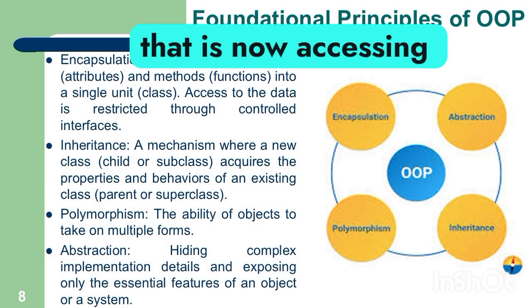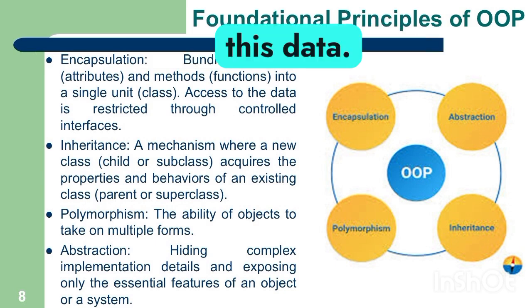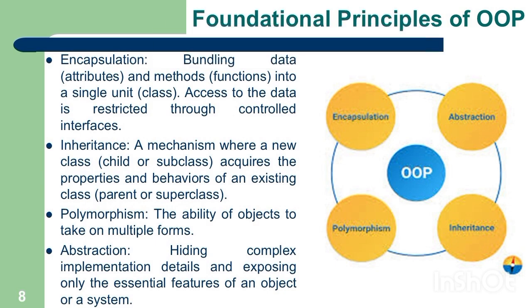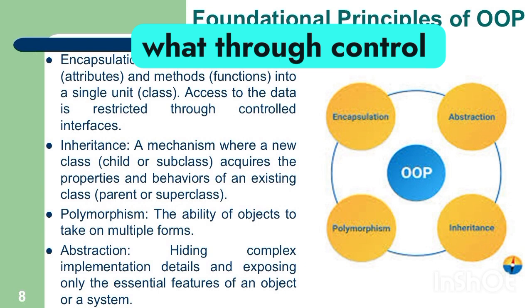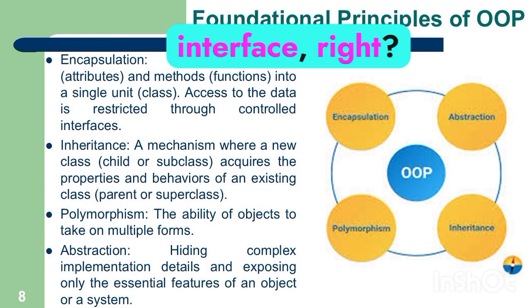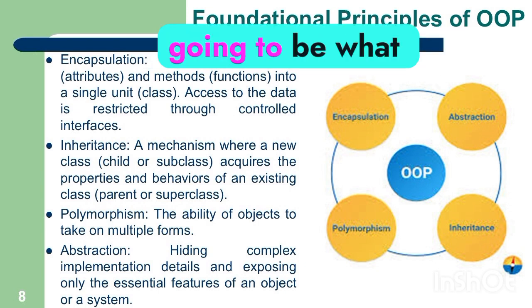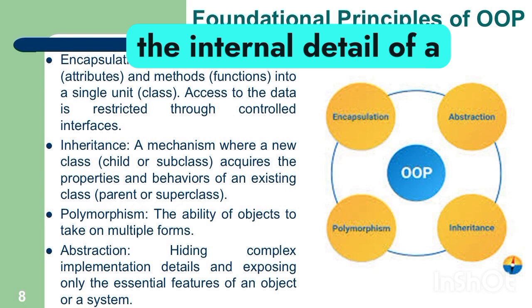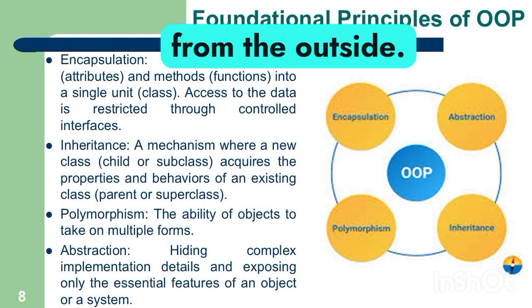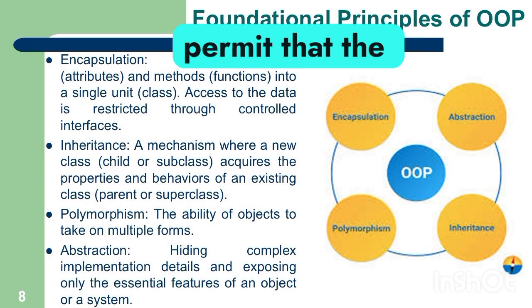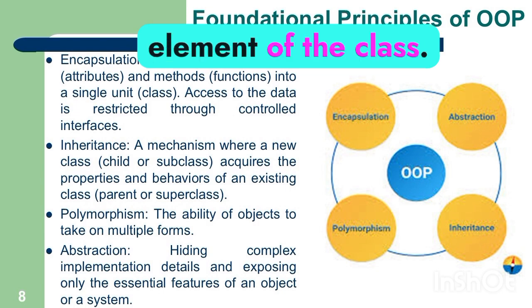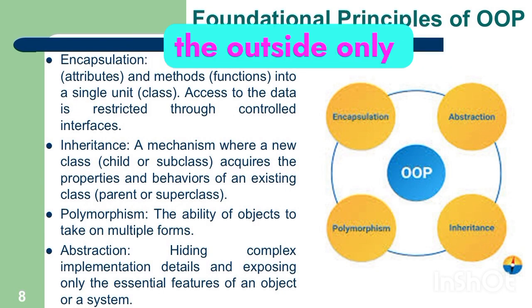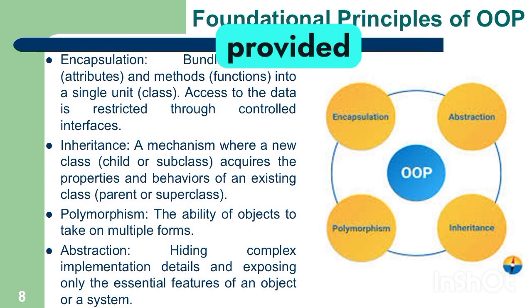Accessing this data is then restricted through a controlled interface. That is, the internal detail of a class can be hidden from the outside. It permits the elements of the class to be accessed from the outside only through the interface provided by the class.